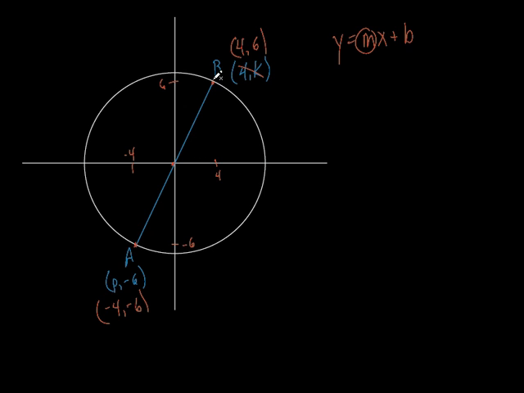So once I know the 2 points, I can find the slope, and that's pretty easy. Let's do that. You could just count if you wanted to, but let's just do the slope formula. Slope is change in y over change in x, or you subtract the y, so 6 minus -6, which is the same as 6 plus 6, and then you go 4 minus -4, which is the same as 4 plus 4.